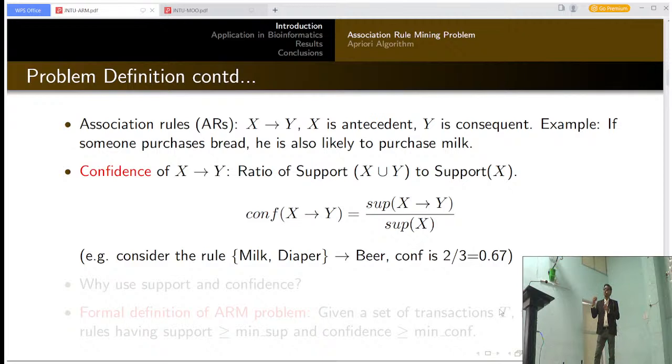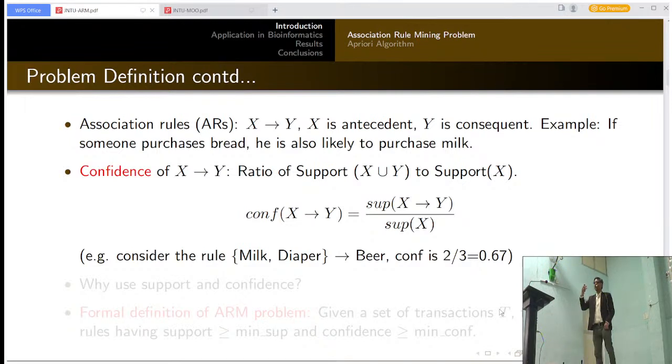So you count in how many transactions bread and milk both appear, divided by in how many transactions bread appears, whether or not milk is included. So support of X is always greater than or equal to support of X implies Y. Agree? Support of bread will always be greater than or equal to support of bread, milk. This ratio is called the confidence of the rule.